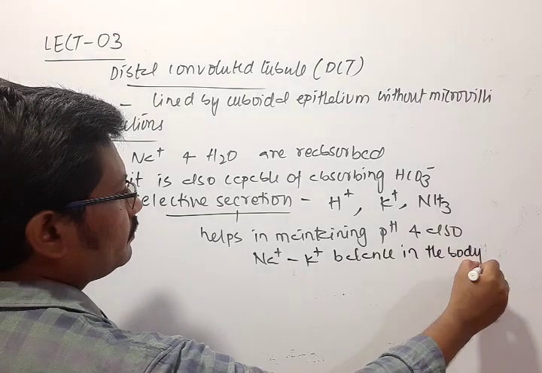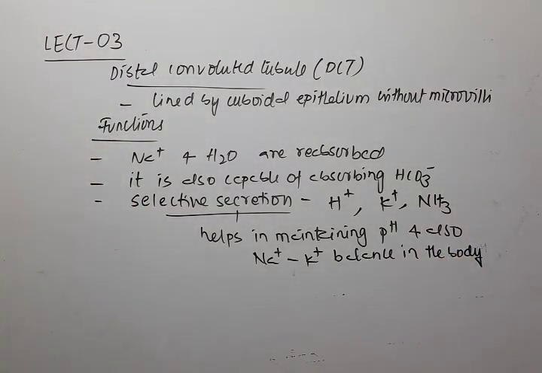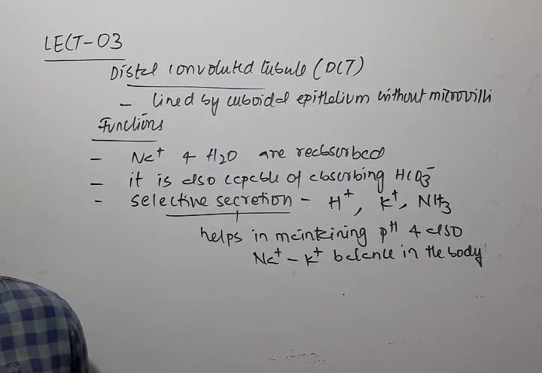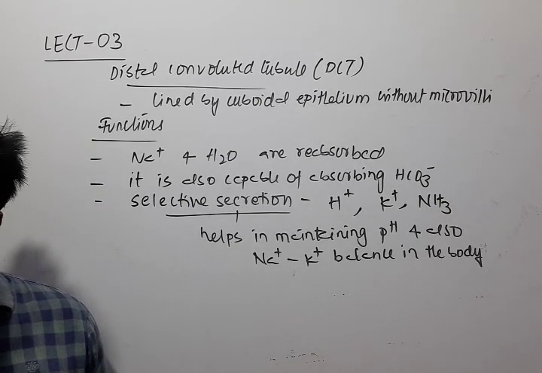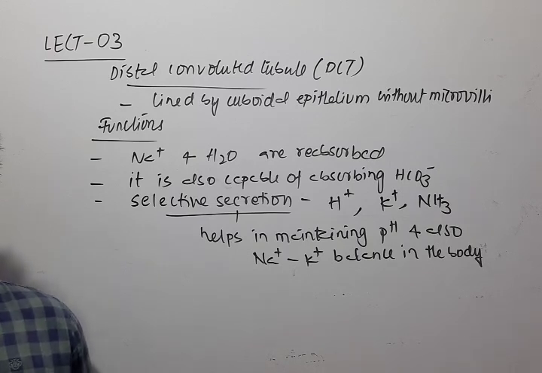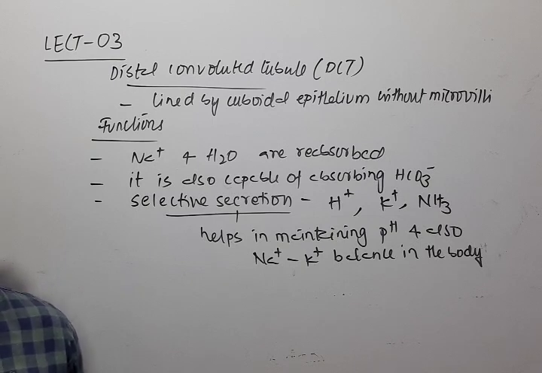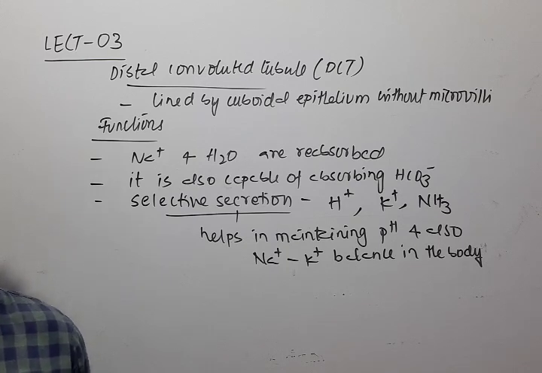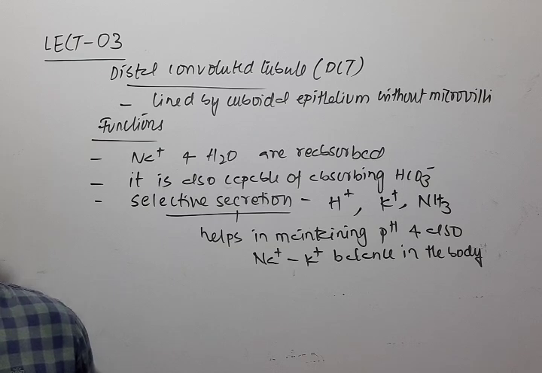Here one thing we have to keep in mind: during the filtration, not just the waste materials will be eliminated. Many of us think that during glomerular filtration only urea or uric acid or other excretory products will get filtered, but that is not the fact.